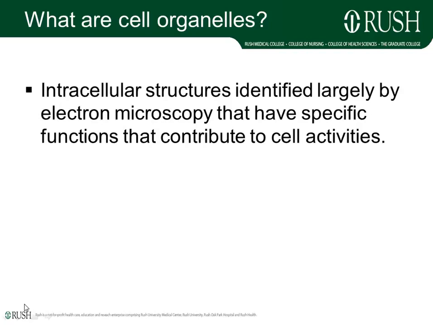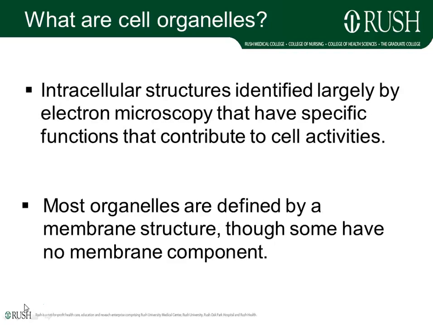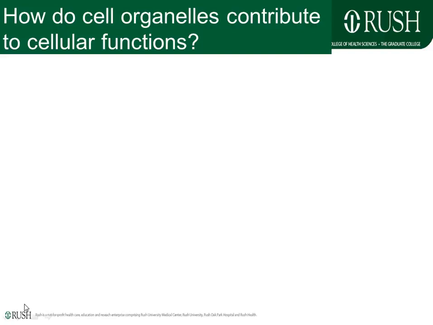And you can identify them in electron micrographs. And we're going to do that in this first unit, although not within this series of videos. You'll do that within a series of electron micrographs that will be provided to you. Most organelles have that membrane structure, although some do not. And we'll take a look at all of those variations as we go through.